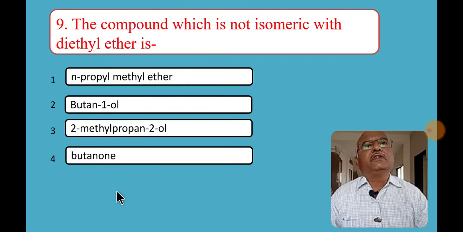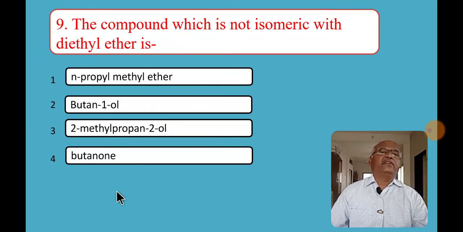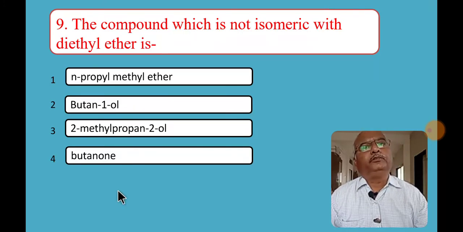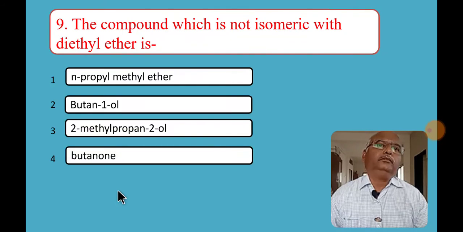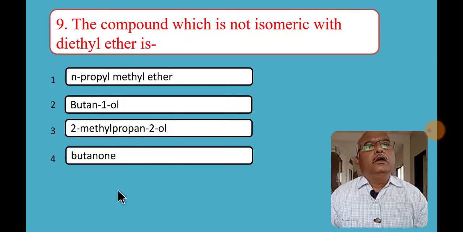Next question. The compound which is not isomeric with diethyl ether is. Read the options and select the correct option. Check your answer. Butanone is the correct answer.